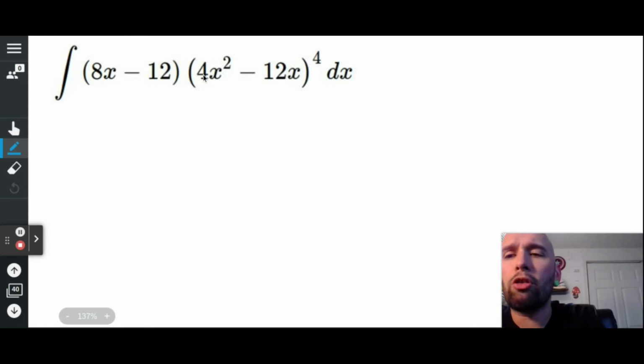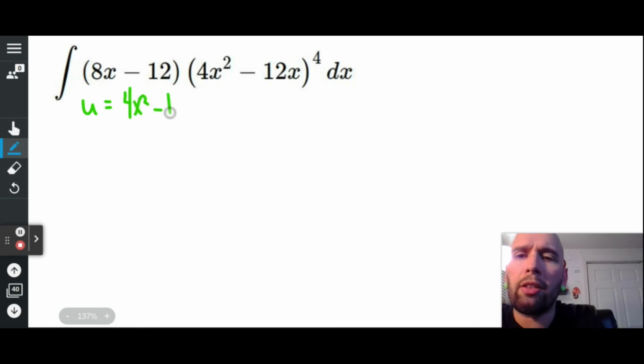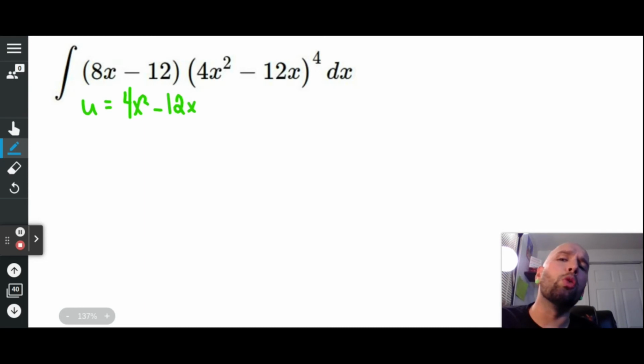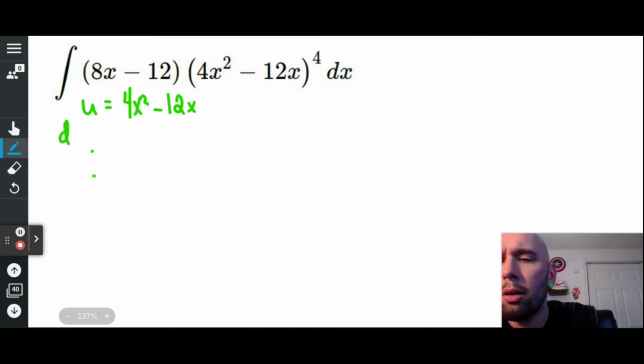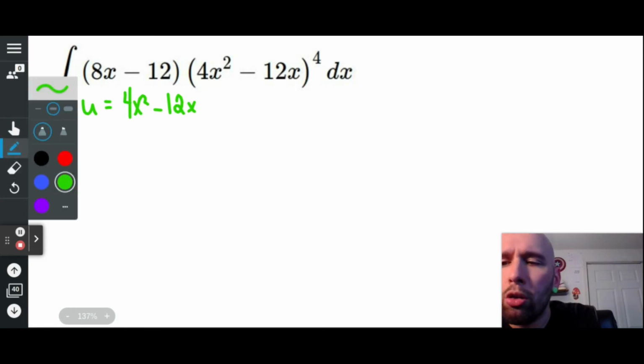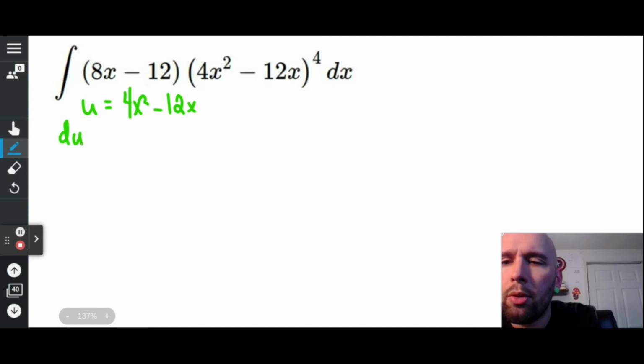So u is going to be 4x squared minus 12x. I'm going to take the derivative of that u with respect to x. So du dx equals 8x minus 12.